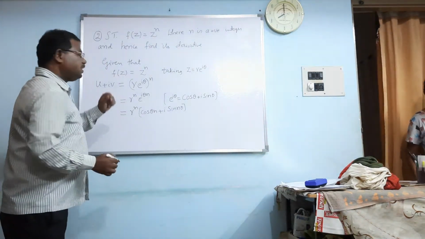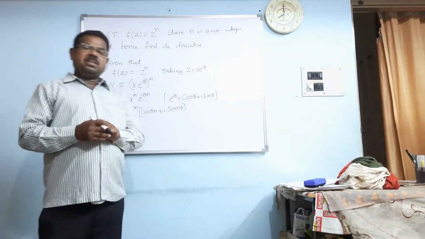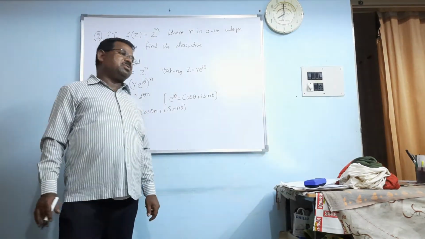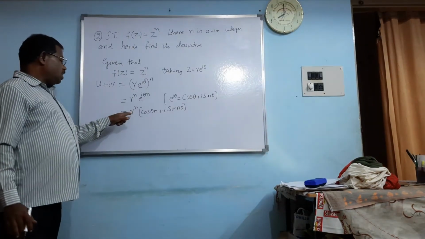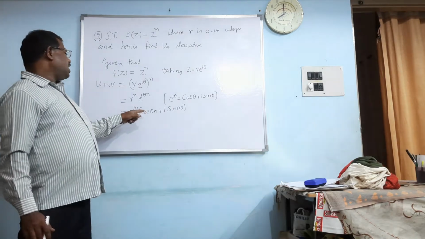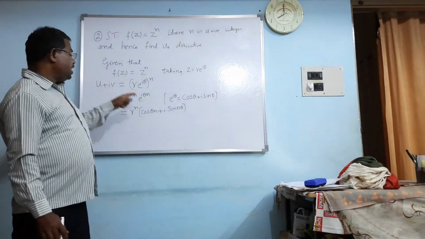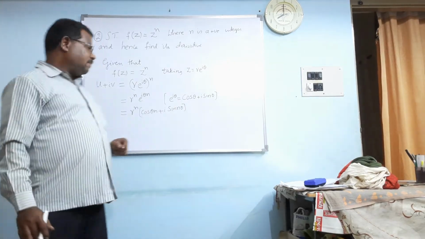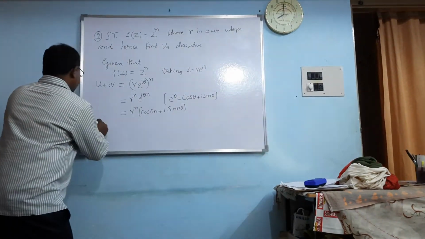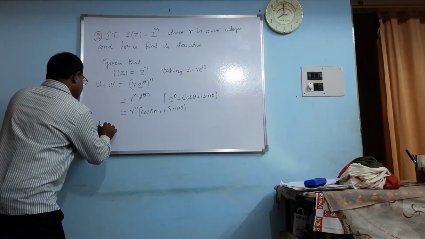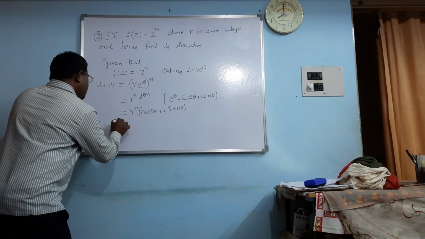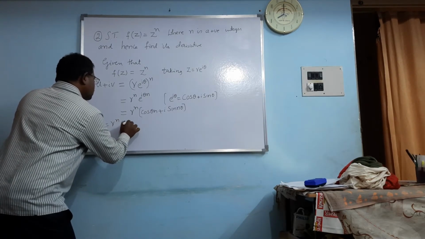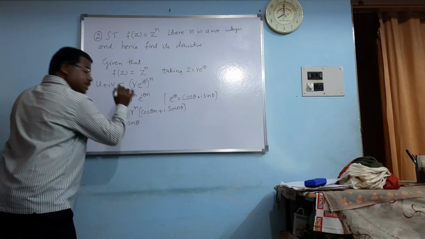Next, separate the real part and imaginary part. In this, u is r to the power of n cos n theta, and the imaginary part v is r to the power of n sin n theta.